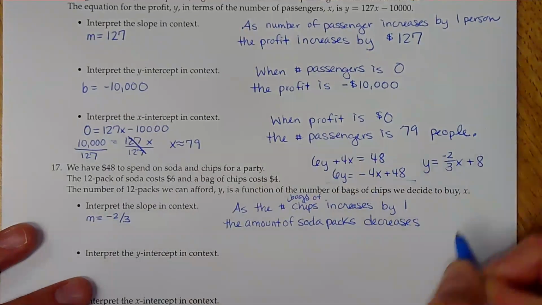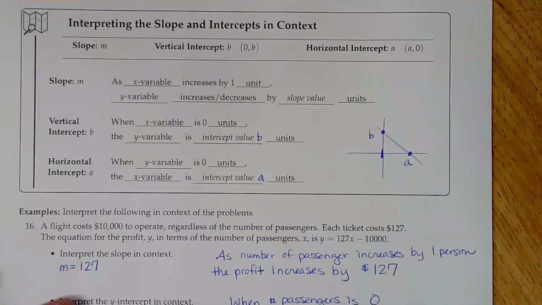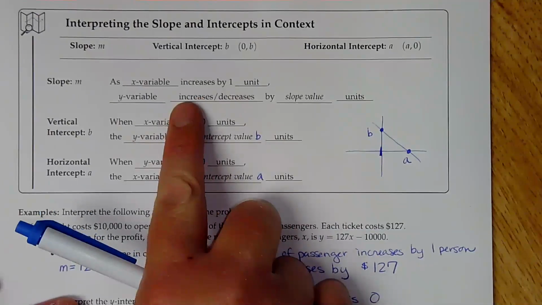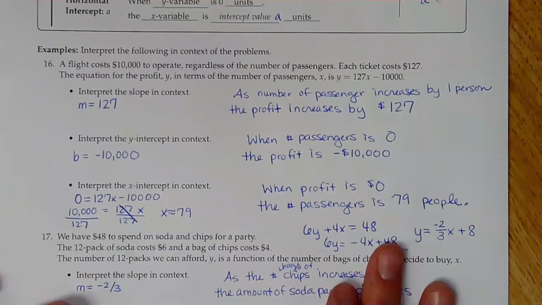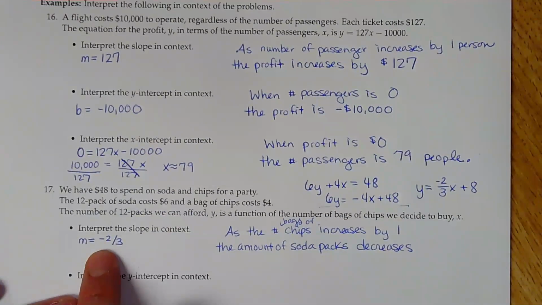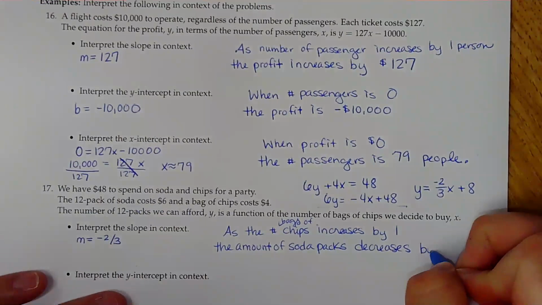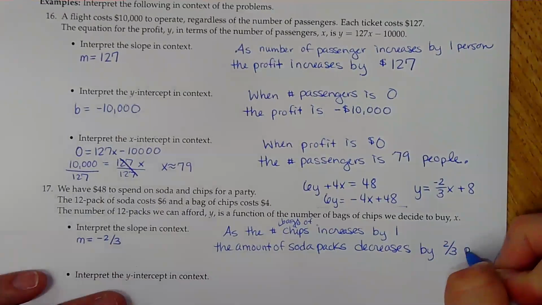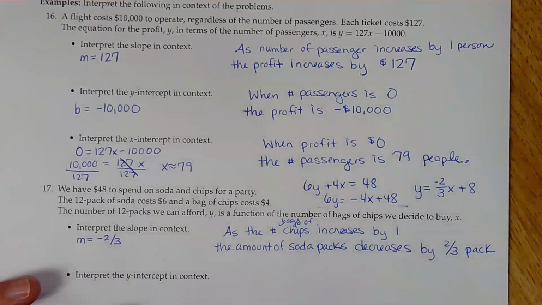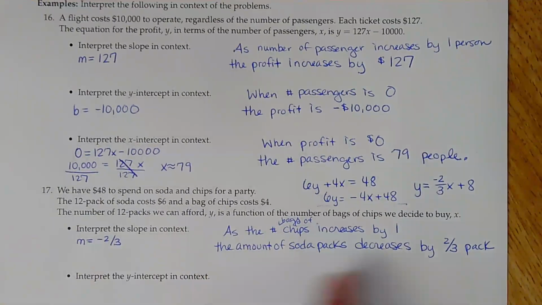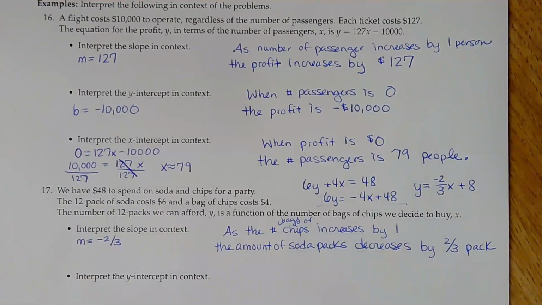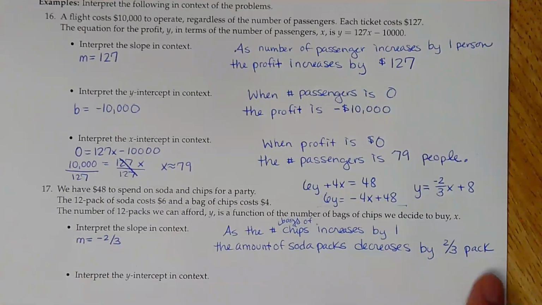And the reason we're choosing decreases instead of increases, remember you have to choose one of these two words, is because our slope is negative. So we're going to do decreases by 2/3 of a pack. We're measuring these in packs. And when you put the number in, since we wrote the word decreases, we drop that minus sign off of there.